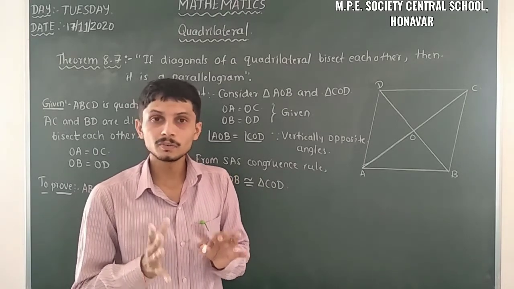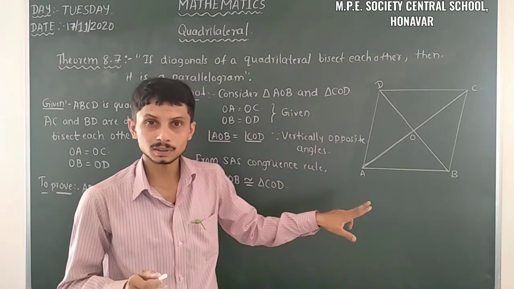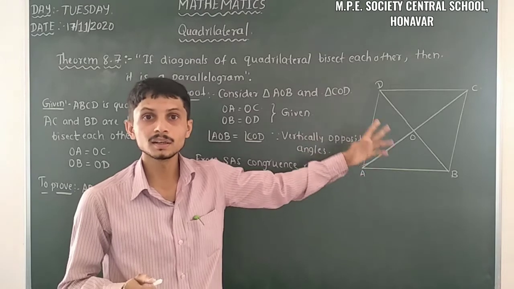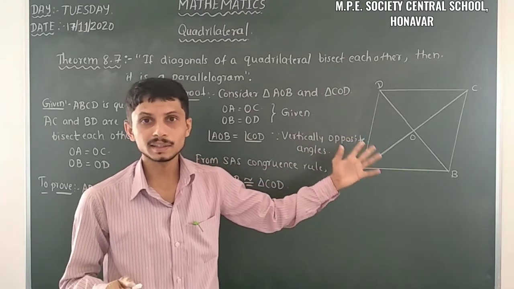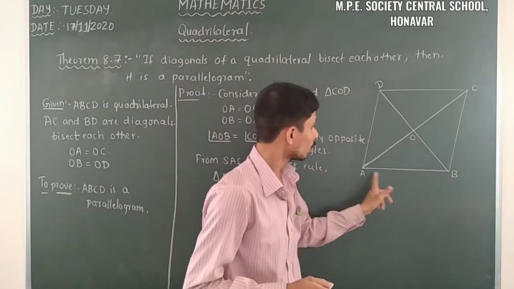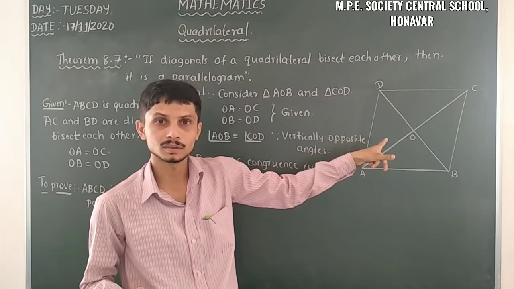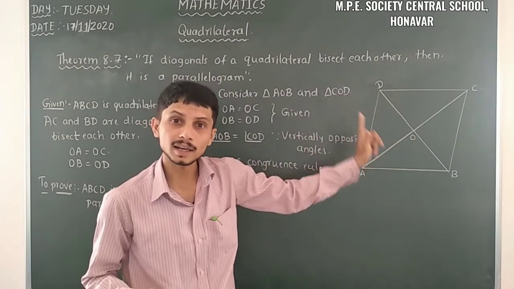So we take those two angles as alternate interior angles: angle OAB and angle OCD, which are corresponding parts of congruent triangles.